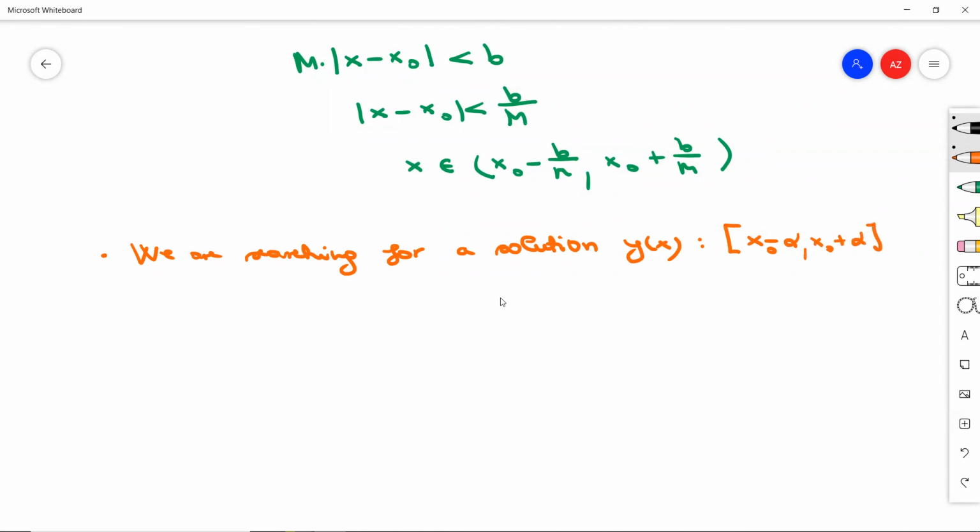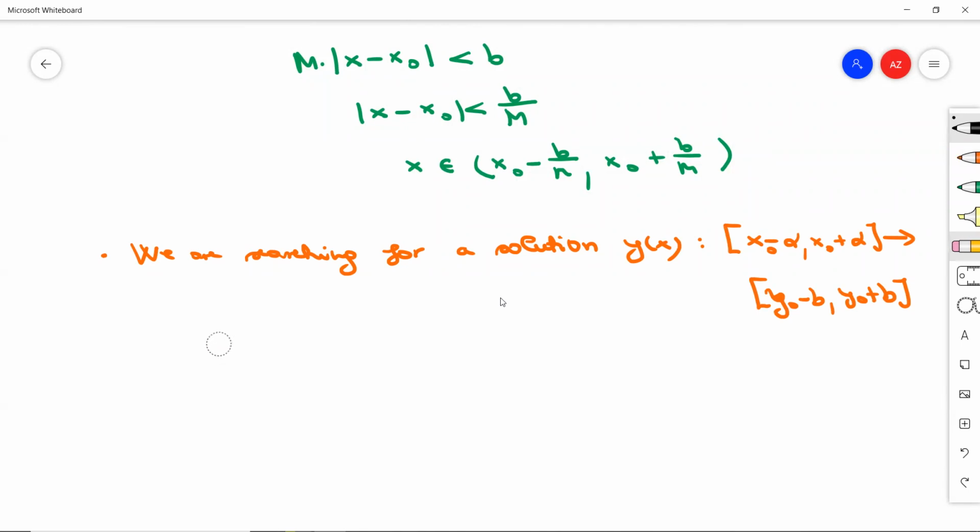We don't know what alpha is yet. It maps into the interval y0 minus beta, y0 plus beta. So these are our continuous functions, and we write the space of continuous functions.